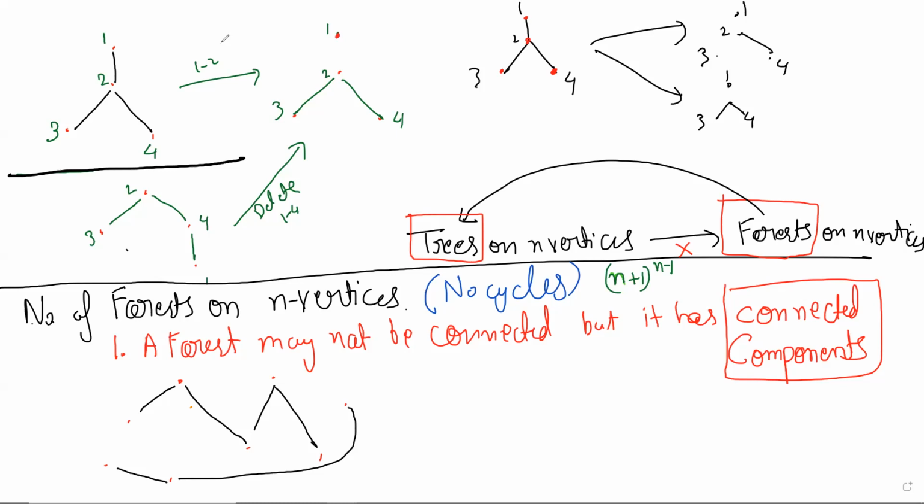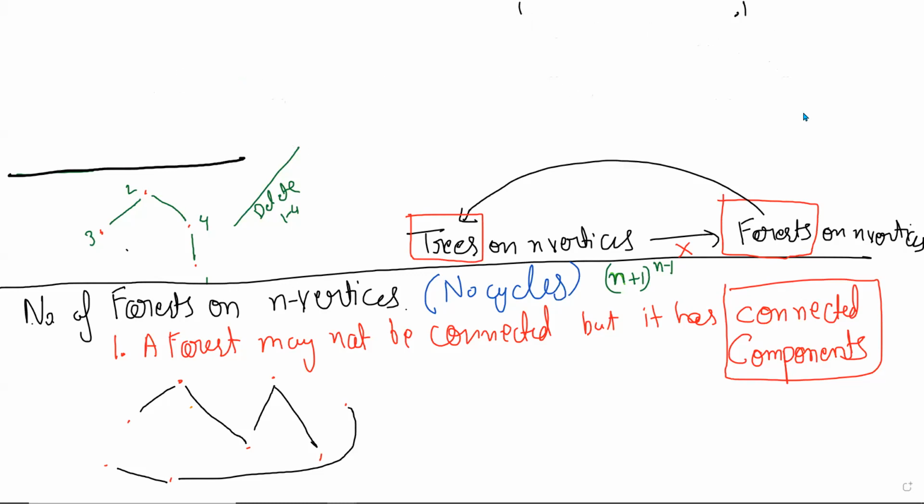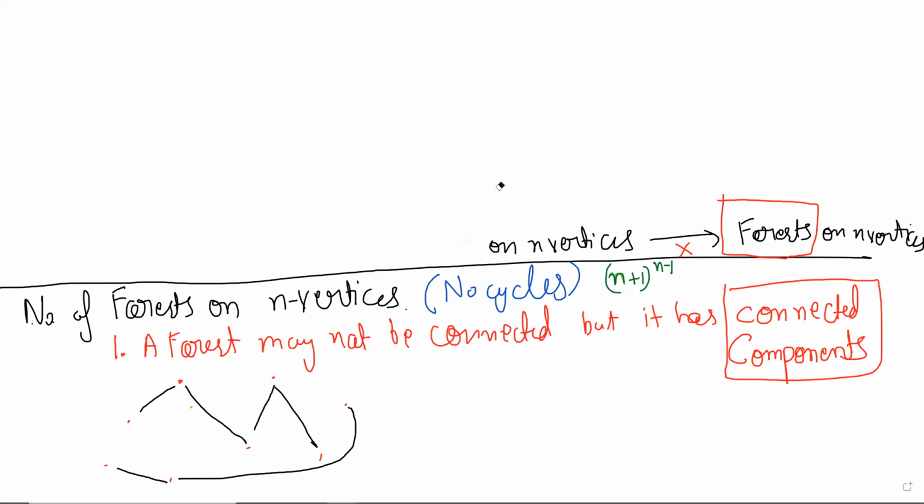What is this answer suggesting to you? It is a number of trees on something. No, it was n to the power n minus 2.